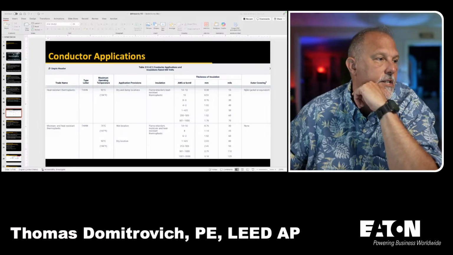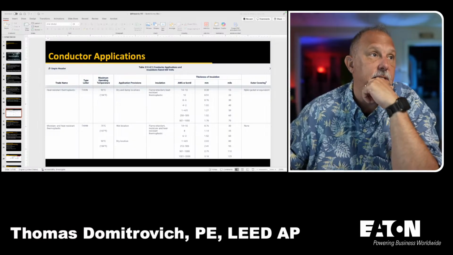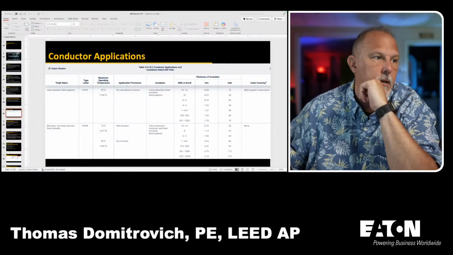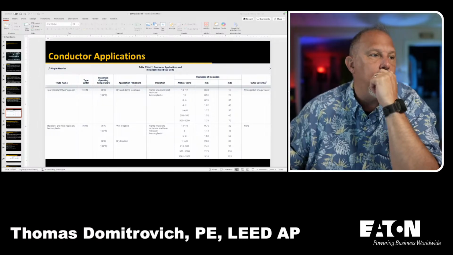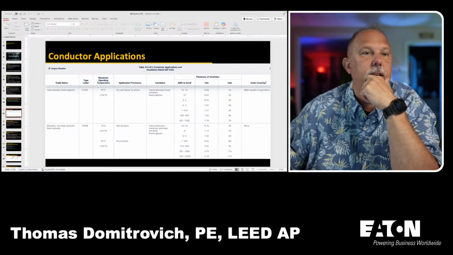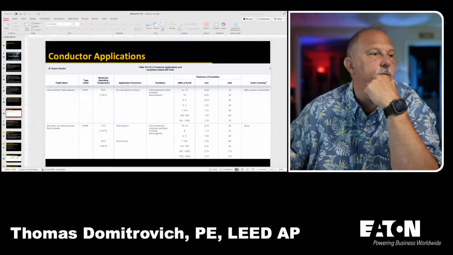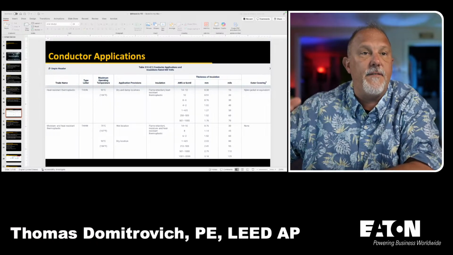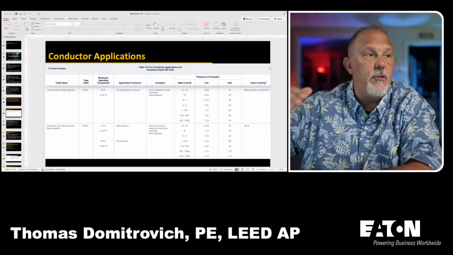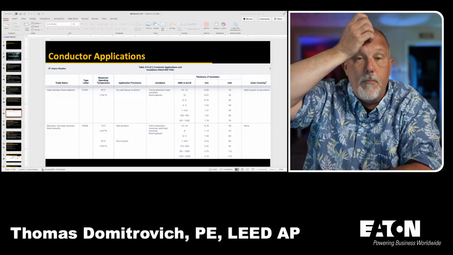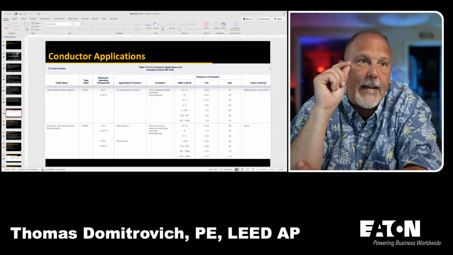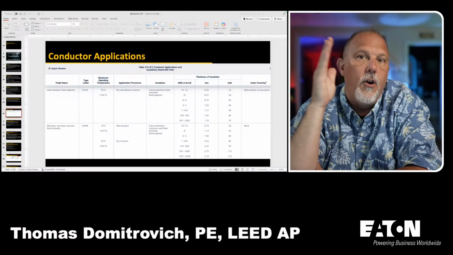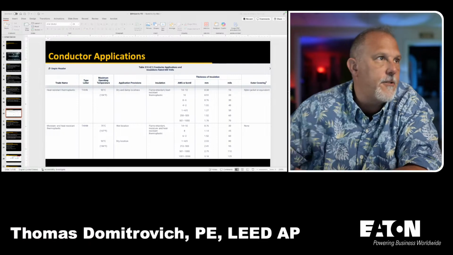So 110.14(C) says conductors with temperature ratings higher than specified for terminations shall be permitted to be used for ampacity adjustment or correction, or both. So I can use the higher insulation rating for my adjustment and correction factors.